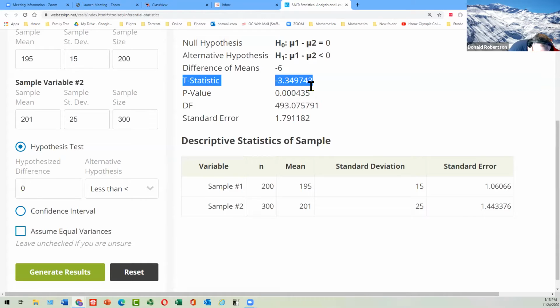In this particular question, it's negative 3.3497 and lots of other things. And the p-value is this fella, which is in this case 0.000435. Are we comfortable about how you put the data into it to pick out the t-score and the p-value?